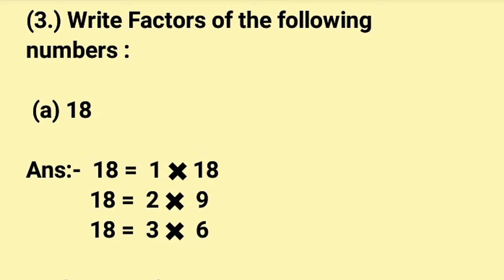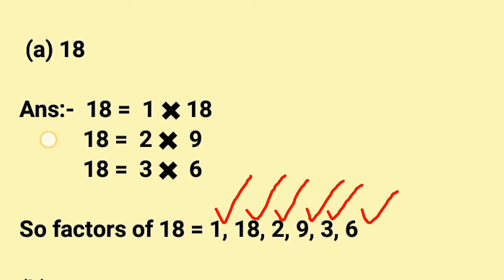So here are the factors. 18 is equal to 1 into 18, and 18 is equal to 2 into 9, and 18 is equal to 3 into 6. So now we got 6 factors: 1 and 18, 2 and 9, and 3 and 6. So factors of 18 are 1, 18, 2, 9, 3, 6, right?